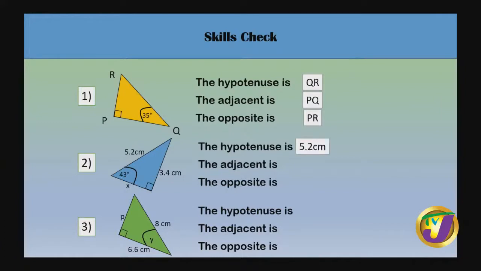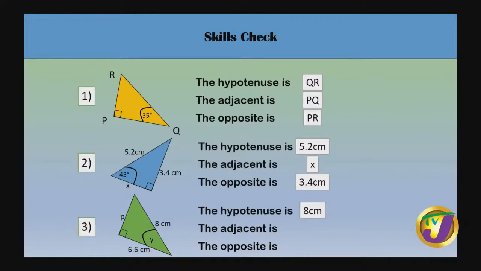The adjacent side is going to be adjacent to the angle 43 degrees, which would be side X. So obviously the opposite side is going to be 3.4 centimeters, that side facing the angle. And for the third question, the hypotenuse side, right across from our right angle, would be 8 centimeters.